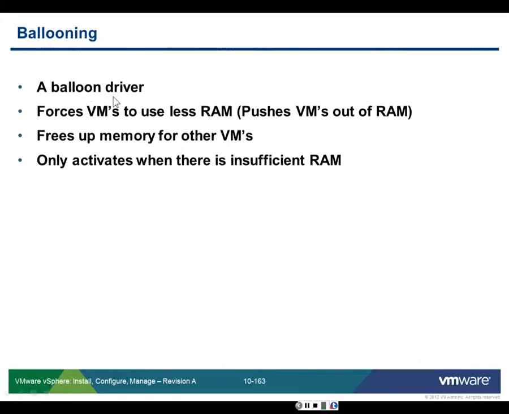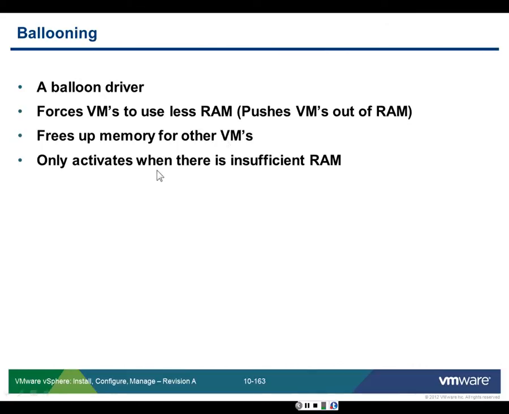A balloon driver is a piece of software that forces virtual machines to use less RAM. In other words, it pushes existing virtual machines out of RAM. And what it does is it frees up memory for other virtual machines.